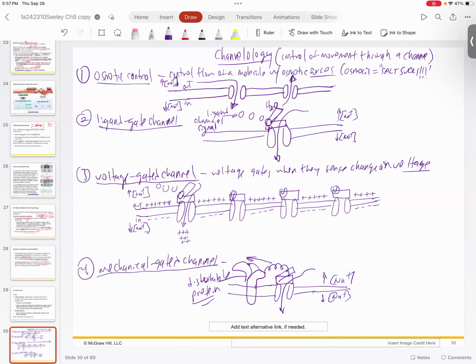As a result, you get a charge flip. Now all of a sudden the inside looks positive relative to the outside. You basically flip the membrane charge, so it starts to look negative on the outside instead of positive. That's a voltage change. It's what's called depolarization.